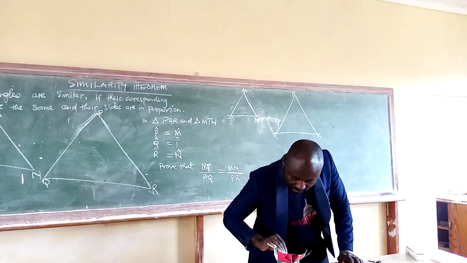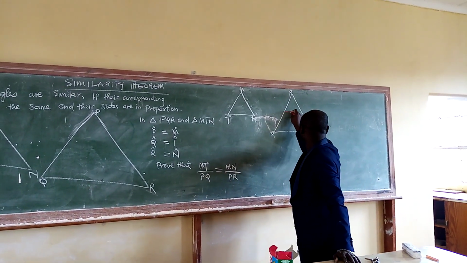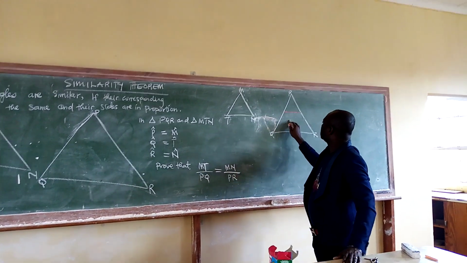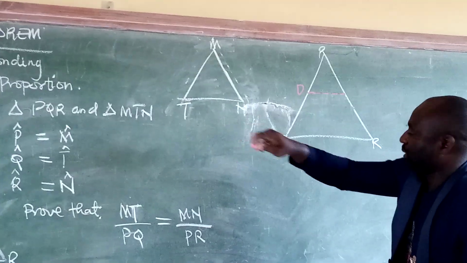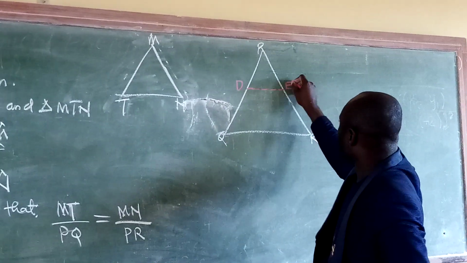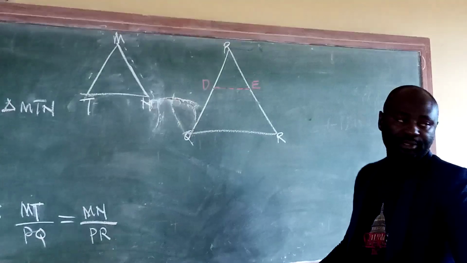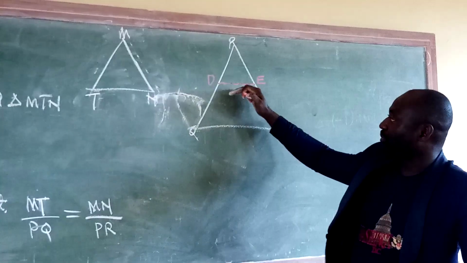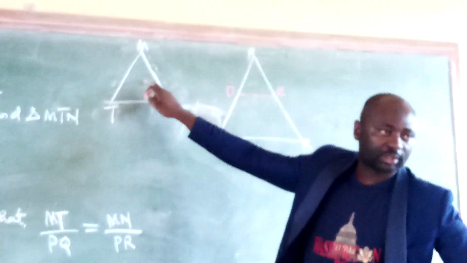The letters must not be any of the letters in the triangles, okay? So let me call these letters D and E on the bigger triangle. I cut the top of the bigger triangle to get a triangle that looks like that one.